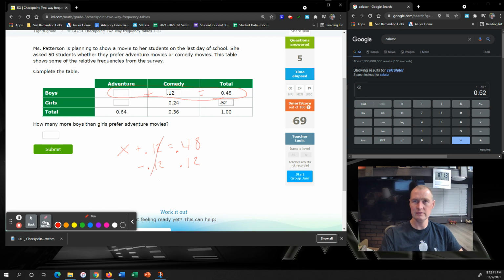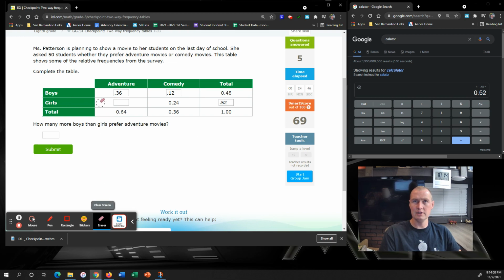The 0.12s are out. X equals 0.48 minus 0.12, which is 0.36, because 8 minus 2 is your 6, and 4 minus 1 is 3. So there's our Boys Adventure that we started out with that we couldn't figure out. So 0.36 there.